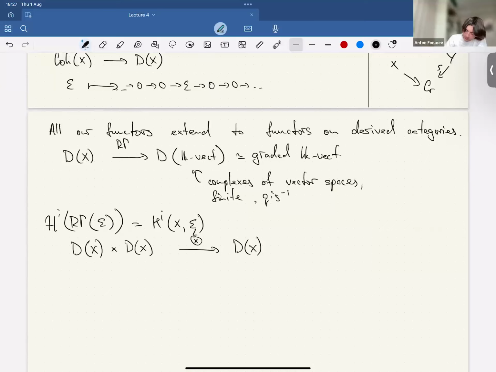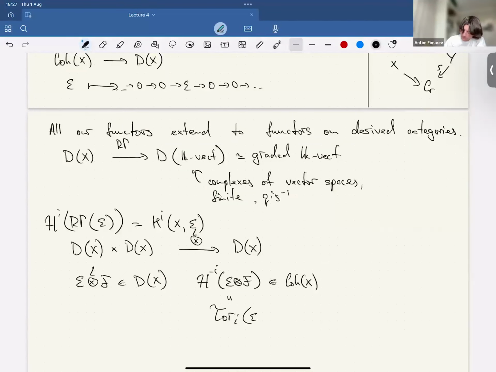If I have two sheaves and I take this derived tensor product, now it's a complex, an equivalence class of complexes, if you wish, on X. But if I take H^{-i} of this complex, minus because I'm switching from homological to cohomological notation, then this now belongs to coherent sheaves on X, and this will be the same as Tor_i(E, F).